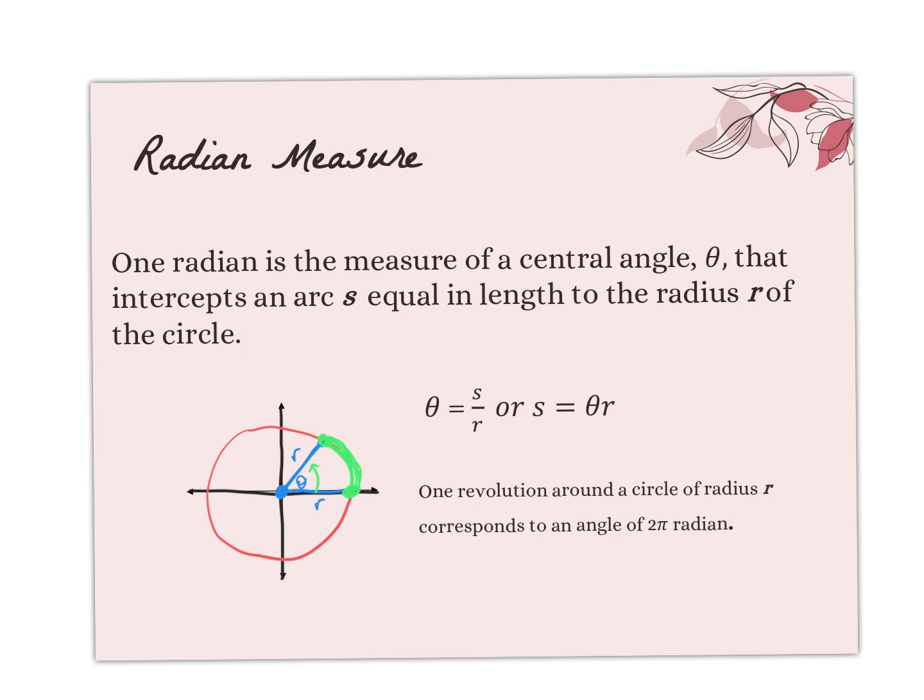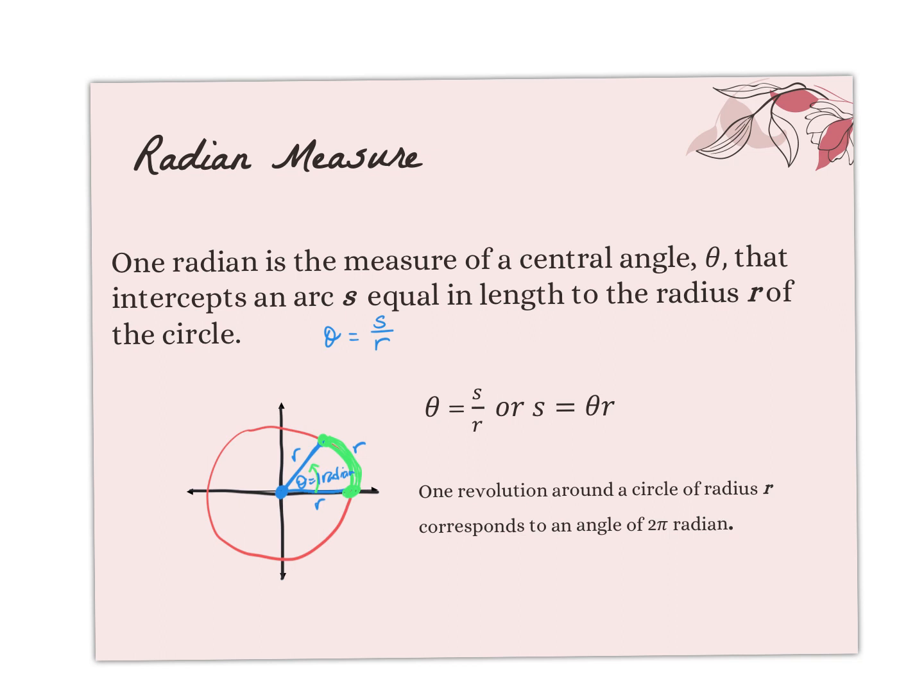So you're said to have 1 radian when theta, let's say, would be 1 radian, when the intercepted arc is equal to the radius. So your radian measure is equal to the arc length over the radius.